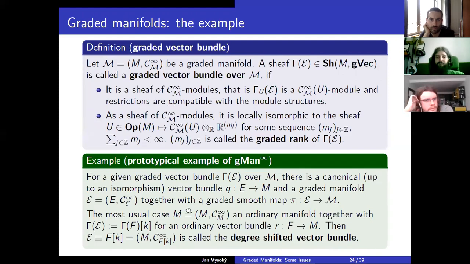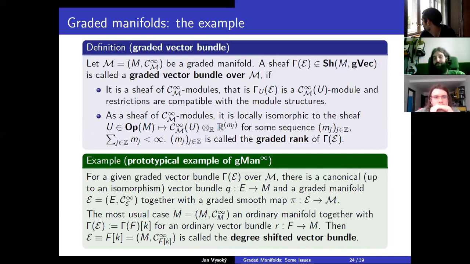And then I construct from it a graded manifold. And of course, I would like to somehow recover my original sheaf, Gamma E, from E itself. And I'm not completely sure if that is possible.